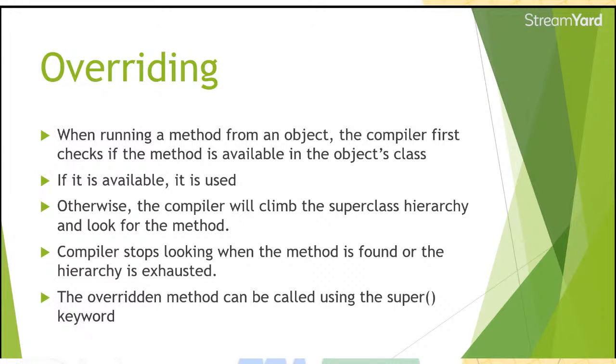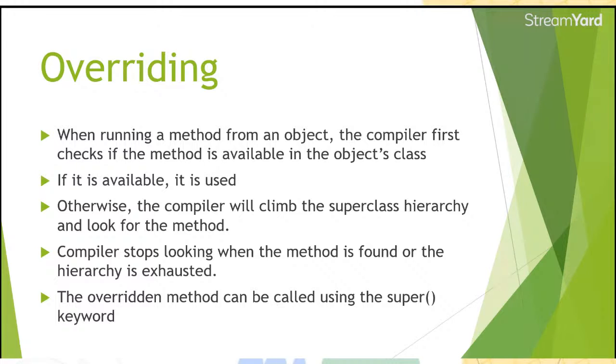The compiler first checks if the method is available in the object's class. Let's say I have an object 1 and I'm calling get a1. I first check in the subclass: is there a function called get a1? If that's present, then it's going to get called and the program will run like normal.